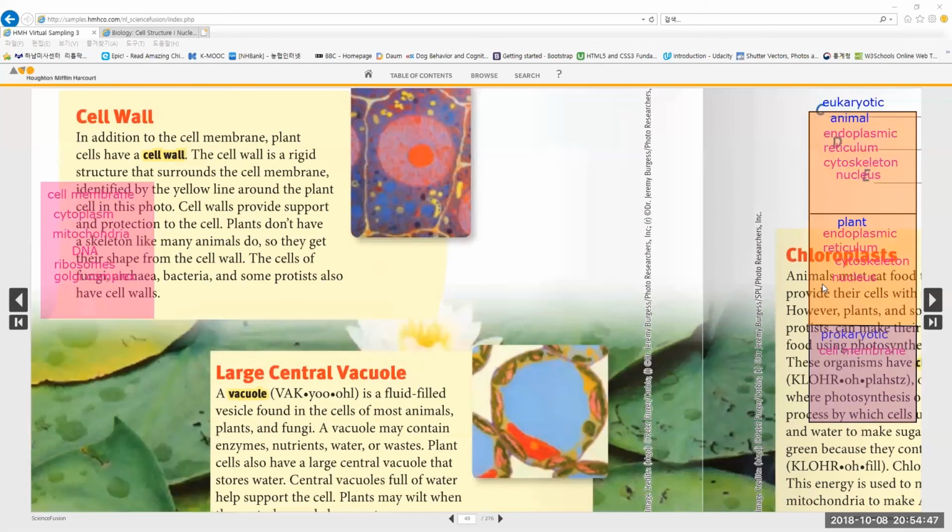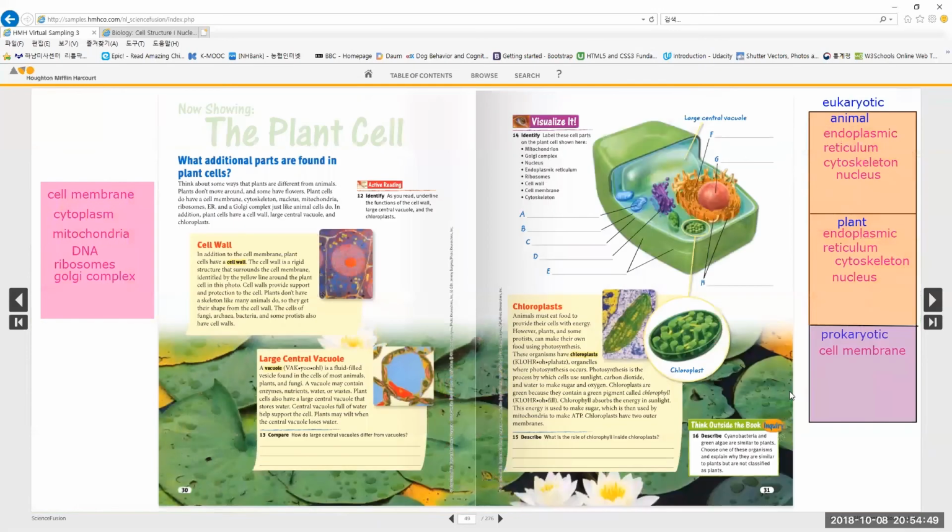Plant cells have cell walls, a large central vacuole, and chloroplasts.